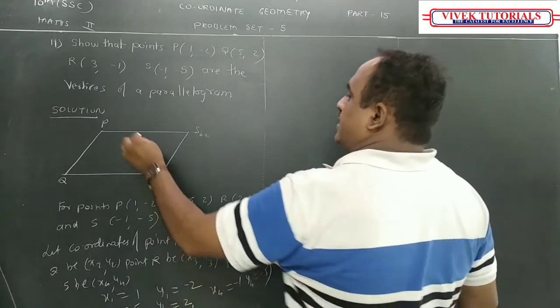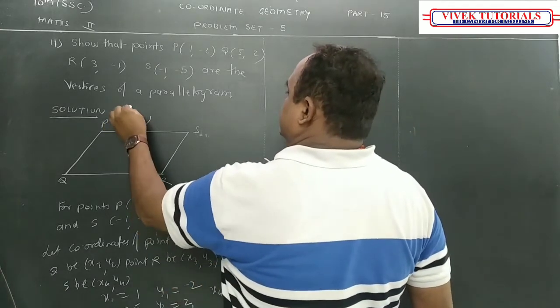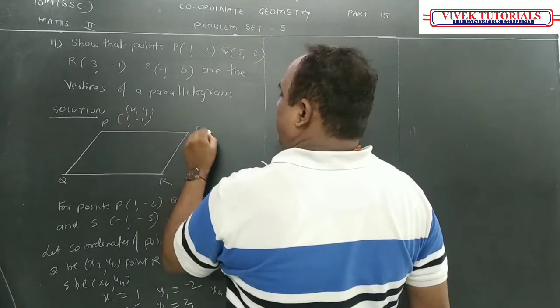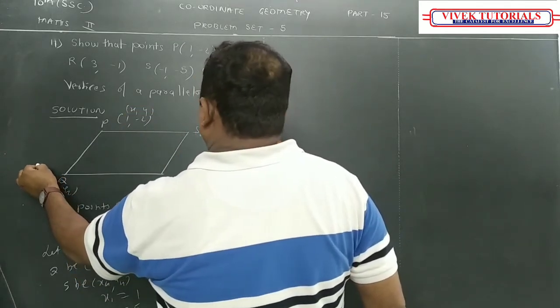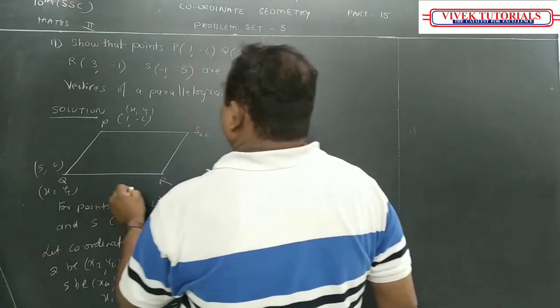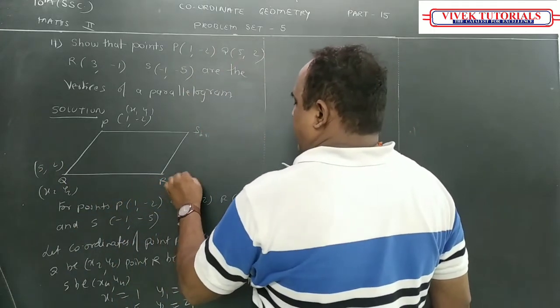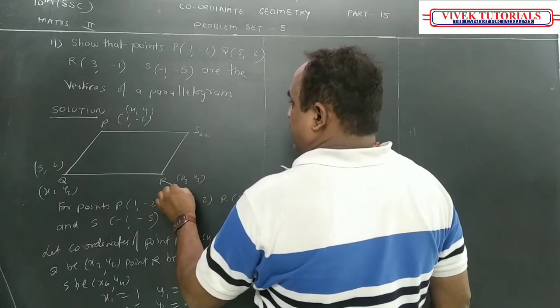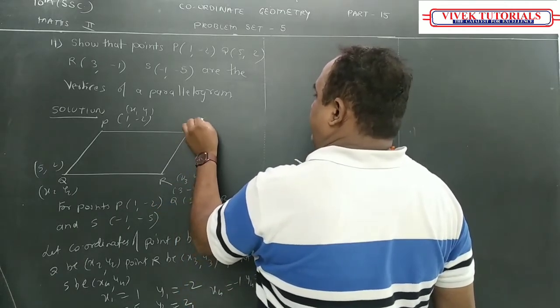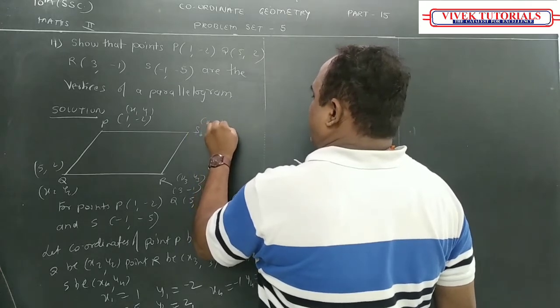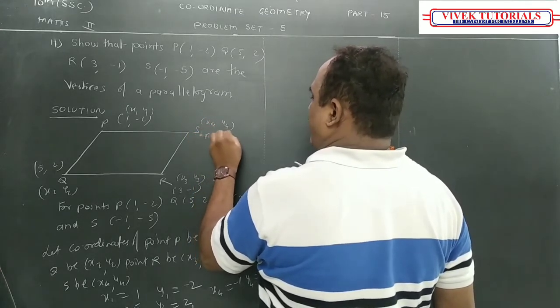So P is (1, minus 2), which is (x1, y1). Q is (x2, y2), coordinates (5, 2). R is (x3, y3), (3, minus 1), and S (x4, y4) is (minus 1, minus 5).